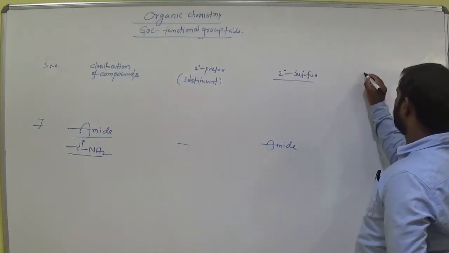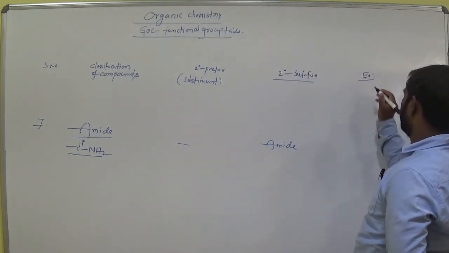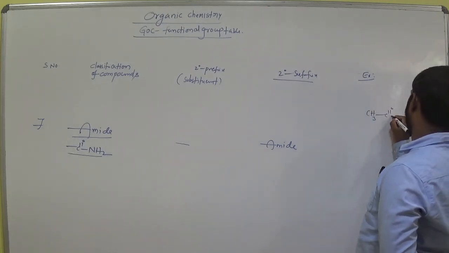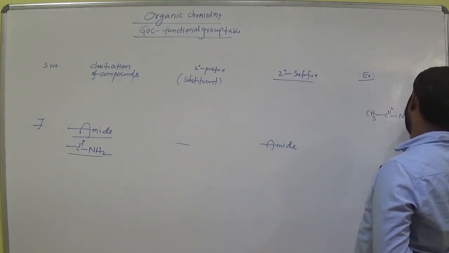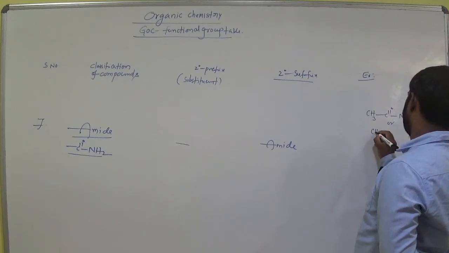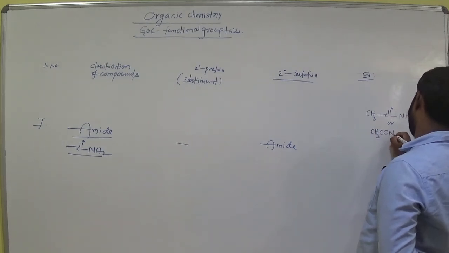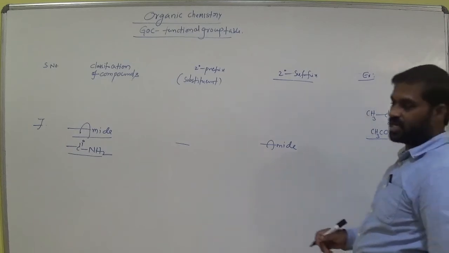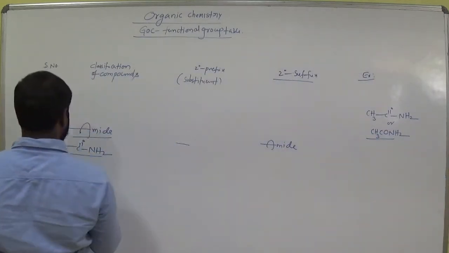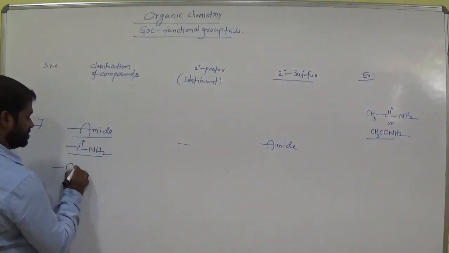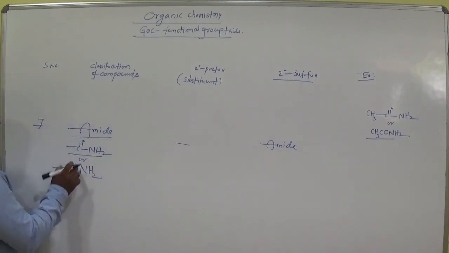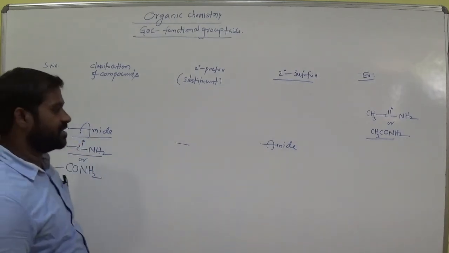Okay. So for example, with IUPAC name, CH3 C double bond O NH2. We can also write this CH3 CO NH2. Okay, both are same, CO NH2. Here also you need to represent CO NH2. Both are same. This means this. Okay, clear?